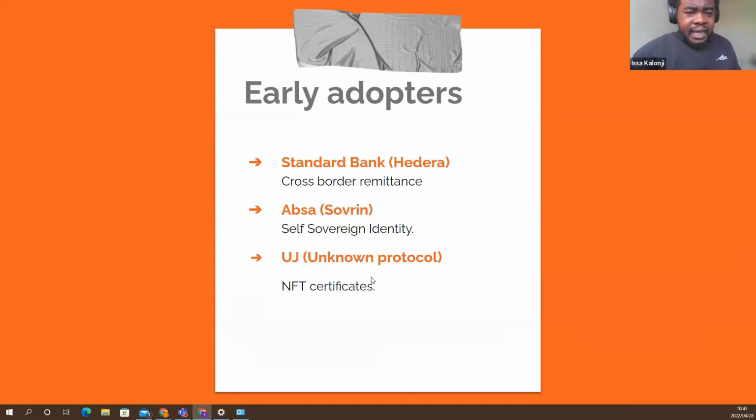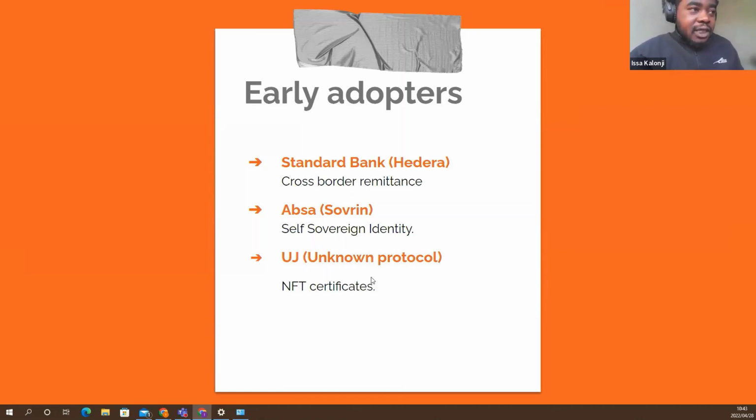Second adopter would be Absa. In fact, Absa has recently joined the Hyperledger foundation. So they will also be looking into further integrations. But this specific example is for self-sovereign identity that Absa is working on with the Sovrin protocol.